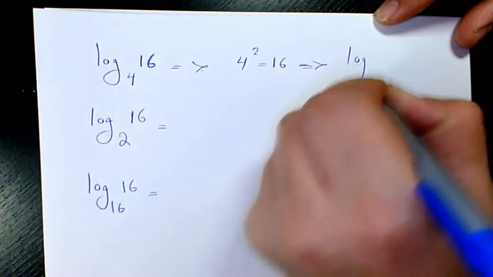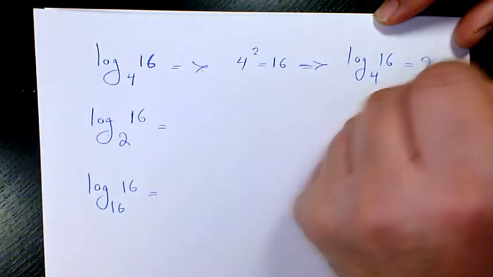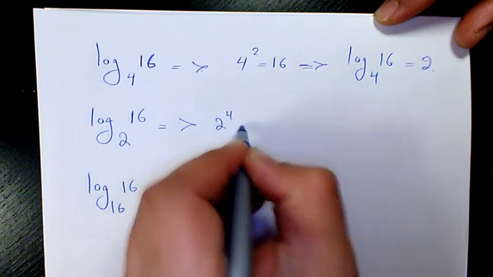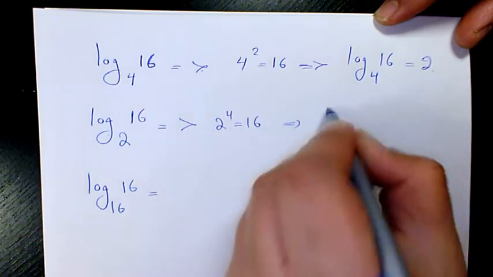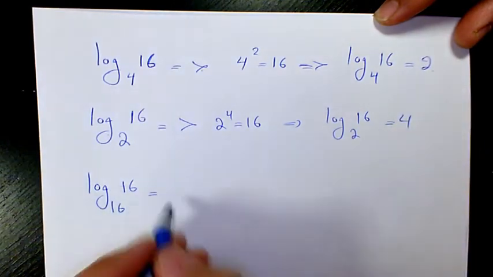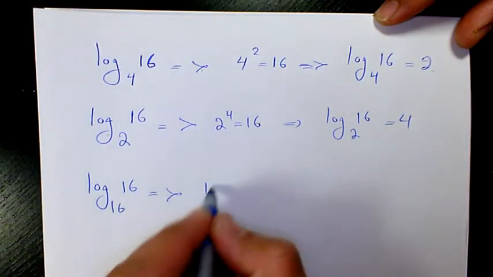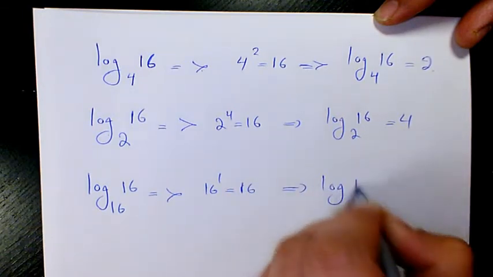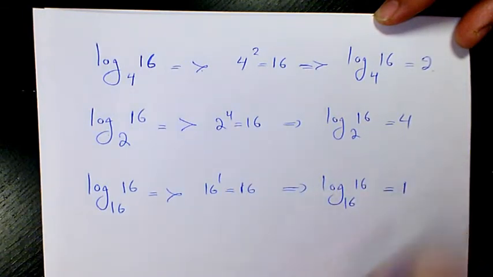So log 16 base 4 is 2. Here you can say 2 to the power of 4 is 16. So log 16 base 2 is going to be 4. And here, 16 to the power of 1 is going to be 16. So log 16 base 16 is going to be 1.